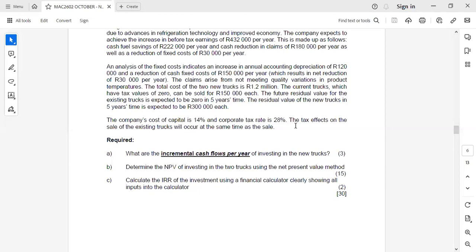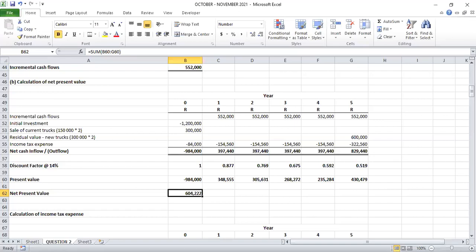But if they said comment, we're going to say accept, buy the new tracks, because that will result in a positive net present value. Any questions there? No questions. Okay, if we don't have any questions, then we'll move on.